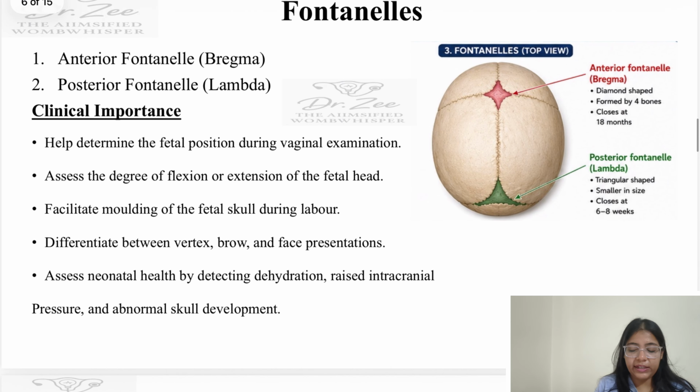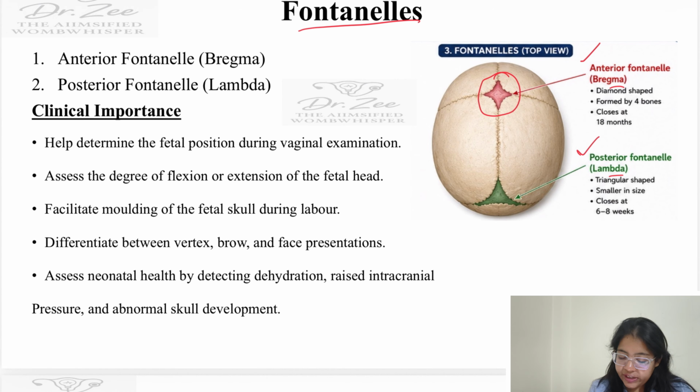Now, fontanelles. There are two important fontanelles: anterior and posterior. The anterior one is also known as bregma, and the posterior one is lambda. What is the difference? The anterior fontanelle, as you can see, is diamond shaped. It is quadrangular, formed by four bones: two parts of the frontal bone and the two parietal bones.